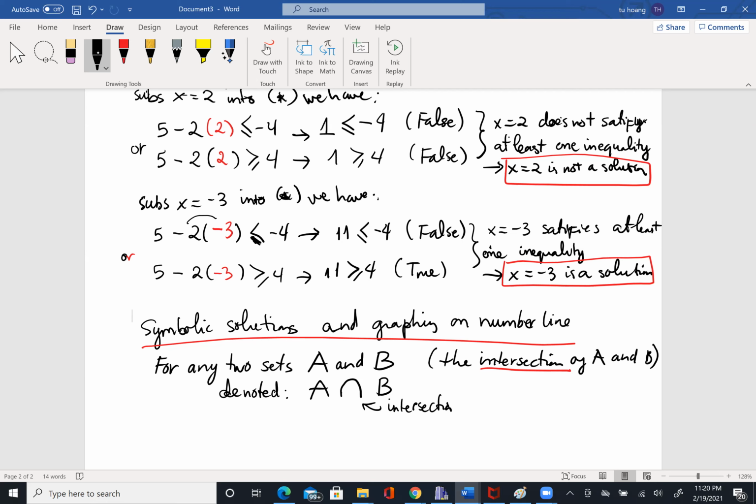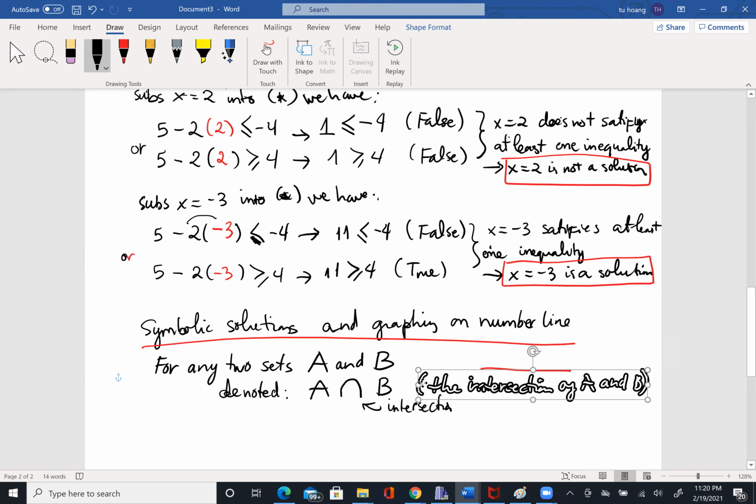What else? I should write this down here. The intersection.